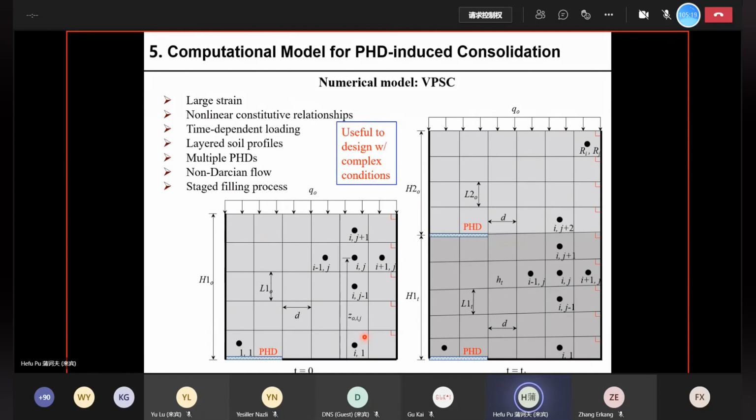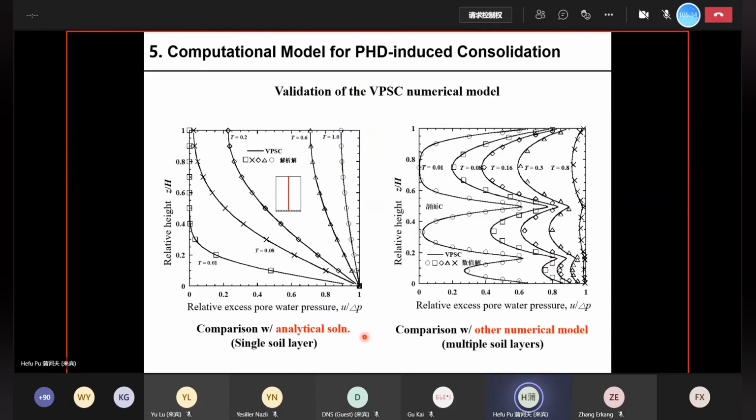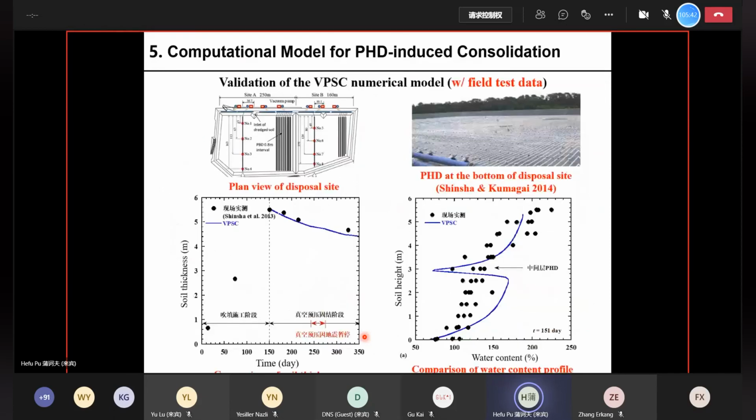We need to have a tool to analyze the change of water content, the change of the sediment, and so on. So we need a numerical model to analyze the deformation process. We developed a model, and then we validated this model by comparing with other analytical solutions, and also with a numerical model, and also compared with a large-scale field test conducted by Shisha back in 2014, and again the numerical model performed well with the field testing data.